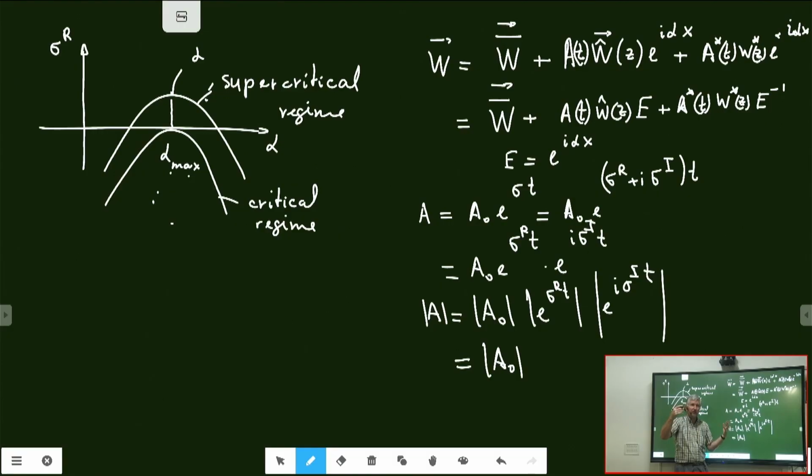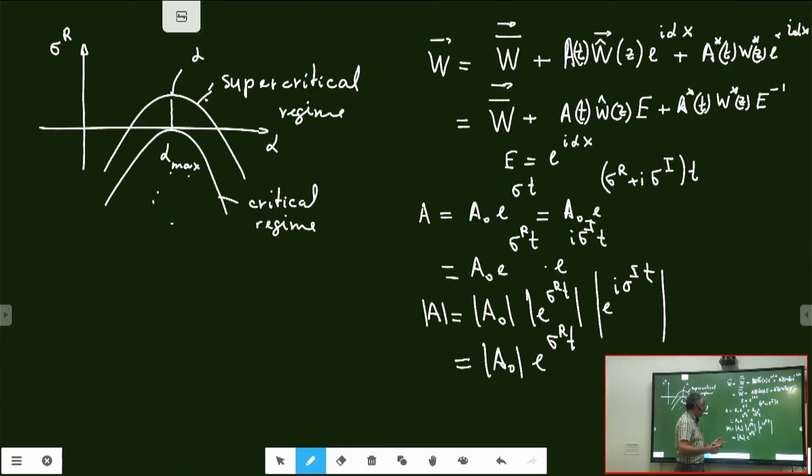The domain of definition is obviously all values of t, but range means what the possible values are. Positive, right? So if they are positive, therefore magnitude is not required. So therefore we'll simplify that. And what about the magnitude of a complex exponential? 1. So it disappears. So therefore that's what we have. So the magnitude of A is essentially the magnitude of A0, whatever that is, multiplied by just a real exponential function.